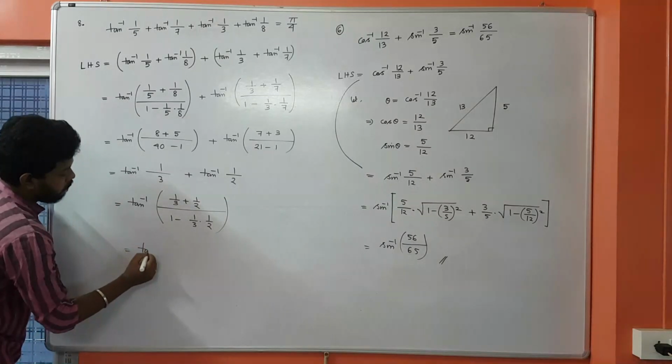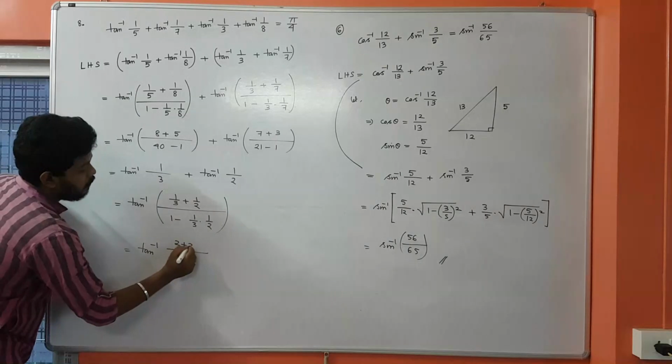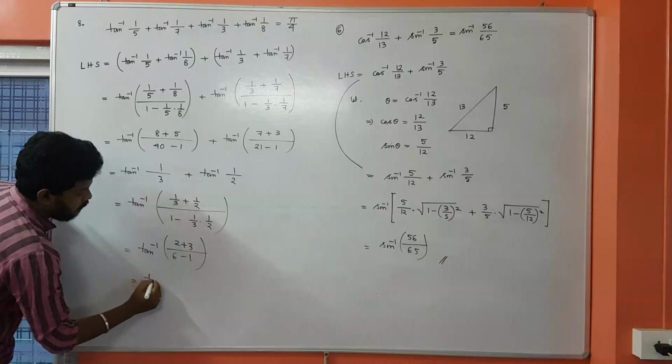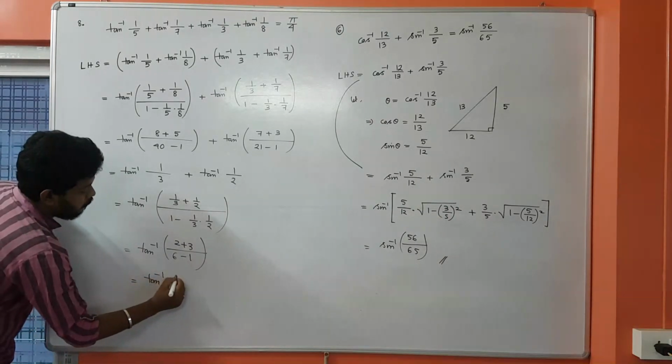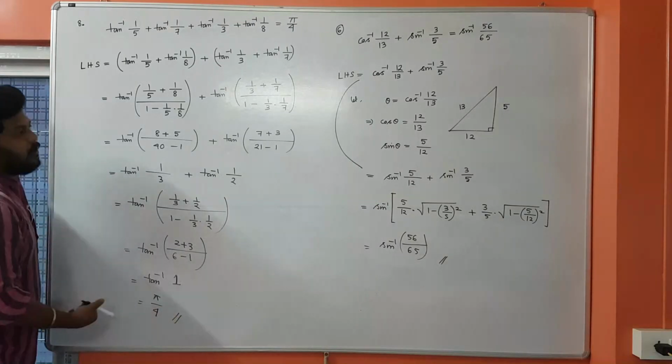Result will be tan inverse of 2 plus 3, 5, this is 6 minus 1. Hence, the result is tan inverse of 1. This is pi by 4, which is my required solution.